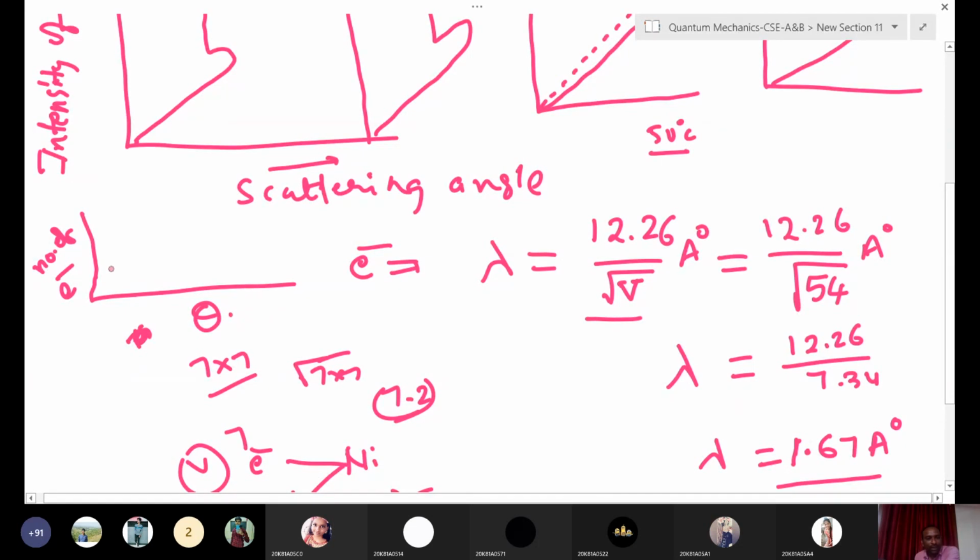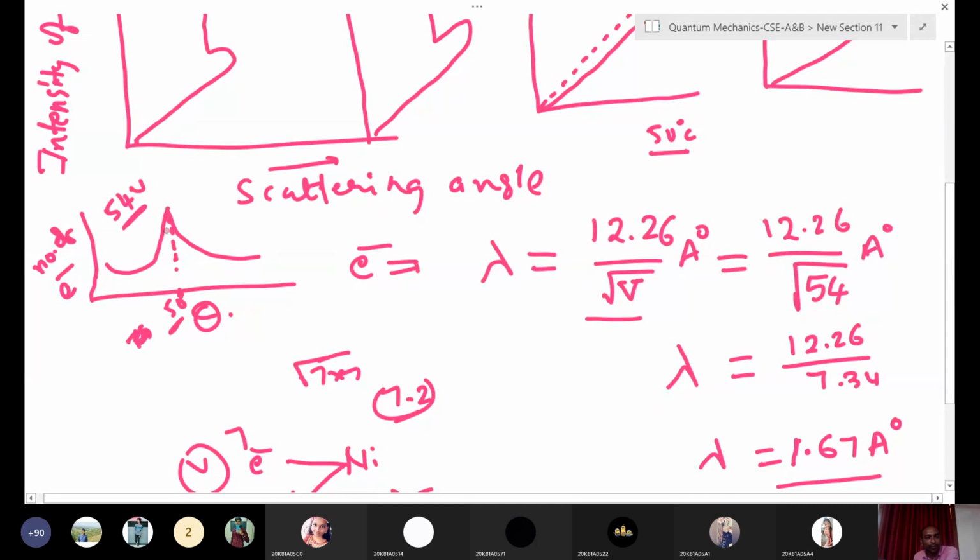It will increase like this, and suppose at 50 degrees at 54 volts we get the maximum number of electrons.